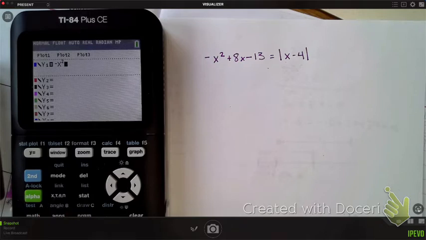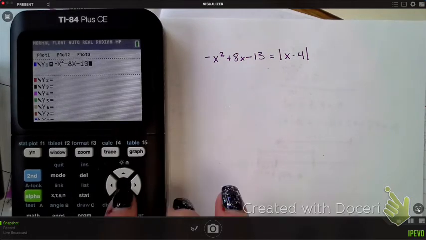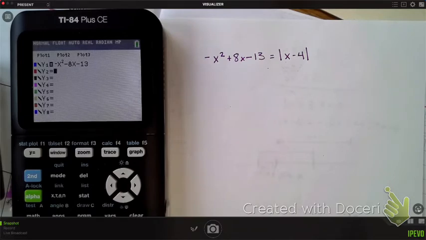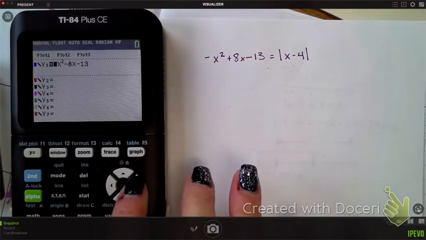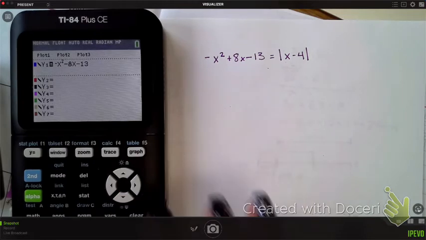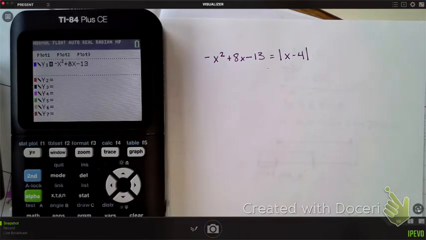And you can use the caret button. Got it. Okay. Minus 8x minus 13. I thought it was plus 8x. Oh, I don't know. I just wanted it minus. Okay. And this is the other thing: you probably should look back and make sure you have it in right. Correct? So now we need to get the absolute value.